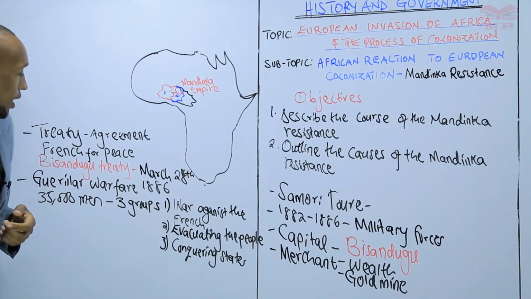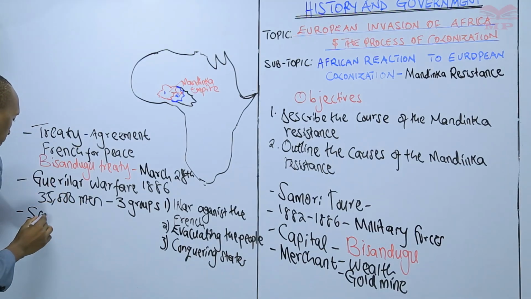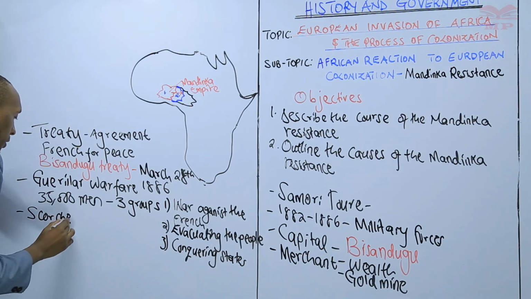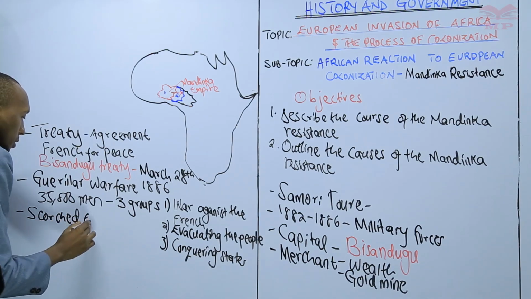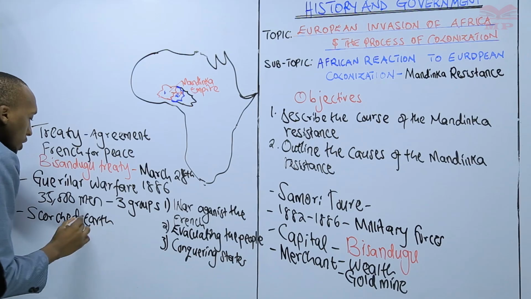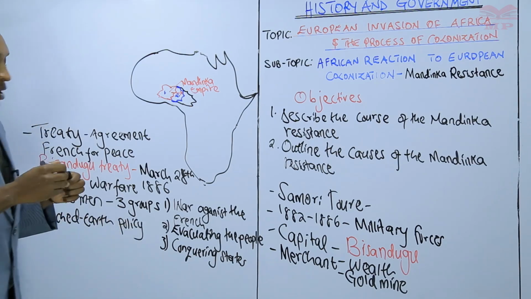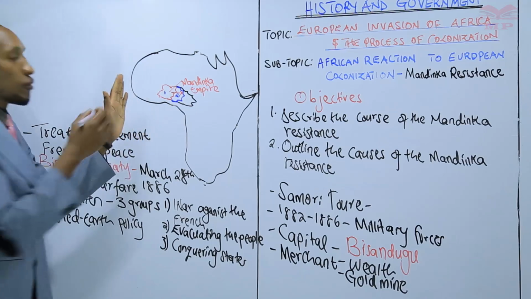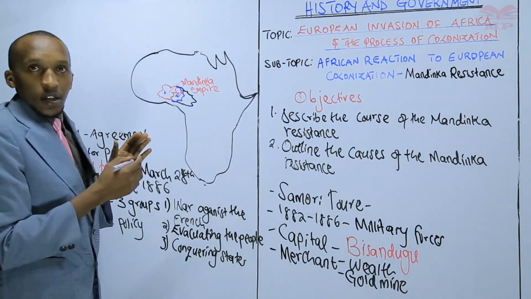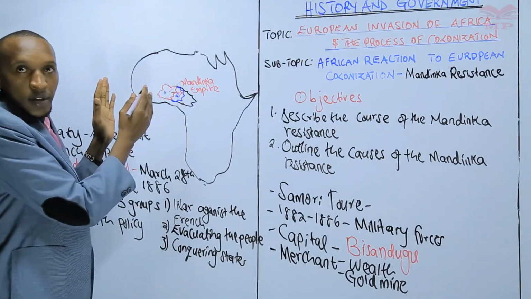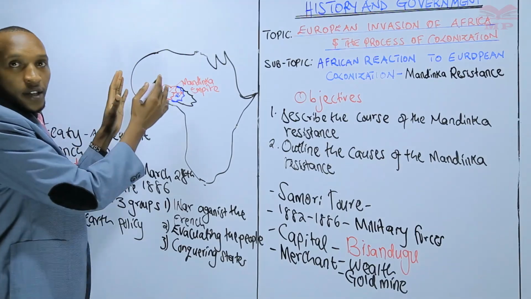They also used another tactic we call the scorched earth policy. Immediately after they had attacked and moved towards the east, they would burn down everything that they left at this place.